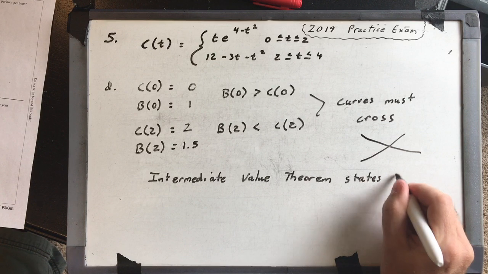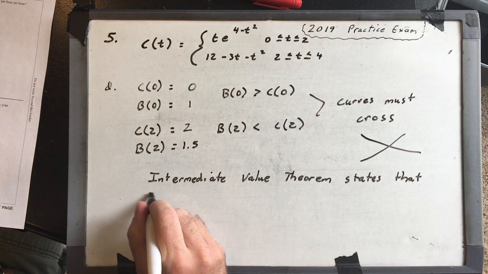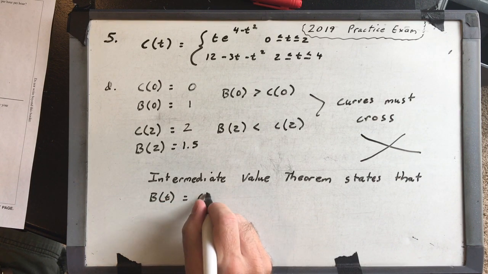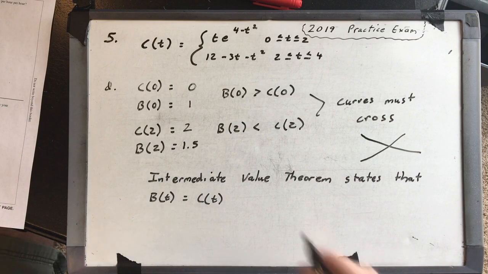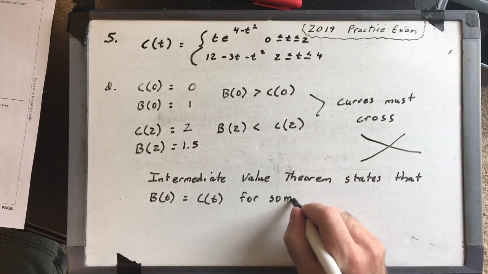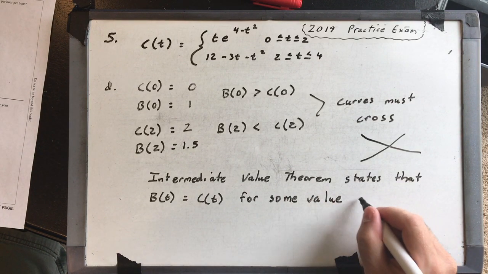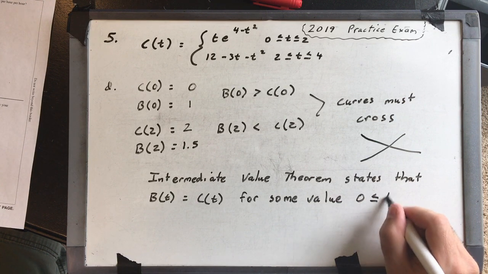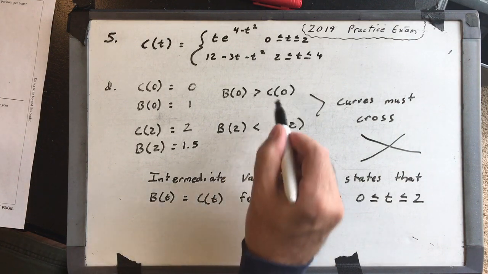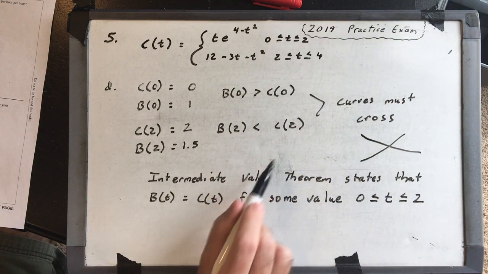states that b of t must equal c of t for some value between 0 and 2. Sorry, I made the camera shake. Your explanation is up here: b of 0 is greater than c of 0, b of 2 is less than c of 2.